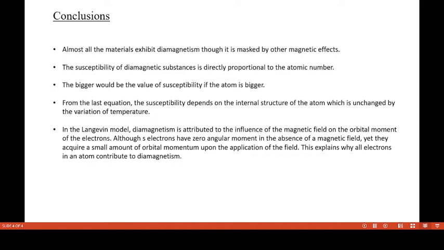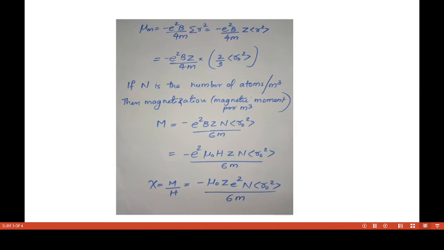And almost all the materials exhibit diamagnetism, though it is masked by other magnetic effects. And the susceptibility of a diamagnetic substance is directly proportional to the atomic number. That is, more the number of electrons, more will be the susceptibility. Since it is seen from this equation that diamagnetic susceptibility is directly proportional to the atomic number Z.